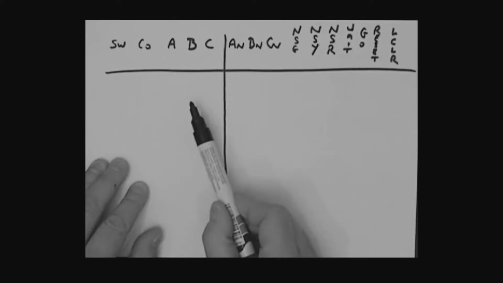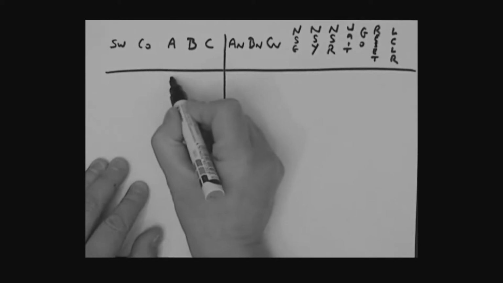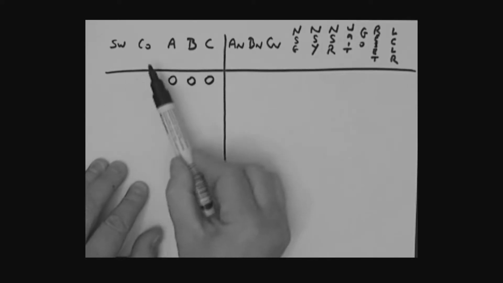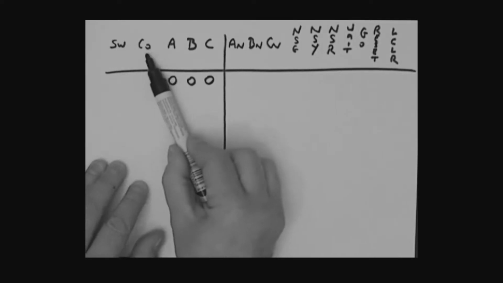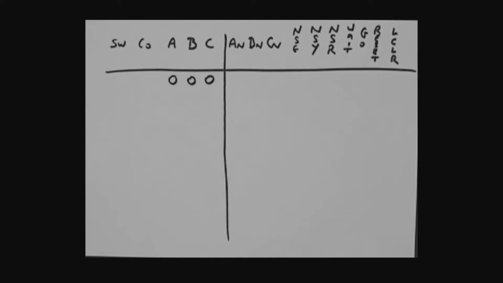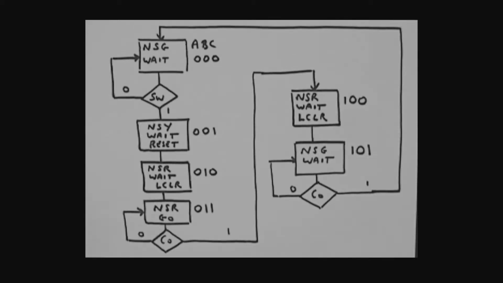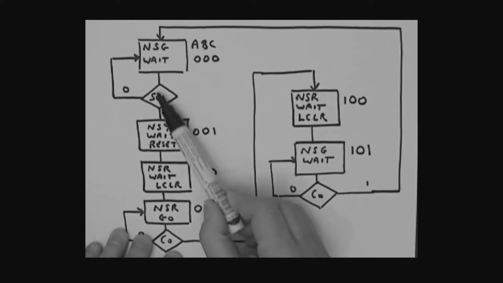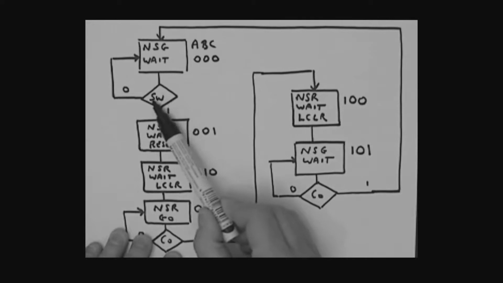All right, so let's start this process. Supposing I'm in the 0, 0, 0 state. Am I concerned about the switch? Am I concerned about the carry out? So let's have a quick look at the state diagram. If I'm in the 0, 0, 0 state, I'm really just concerned with this one input here, SW.